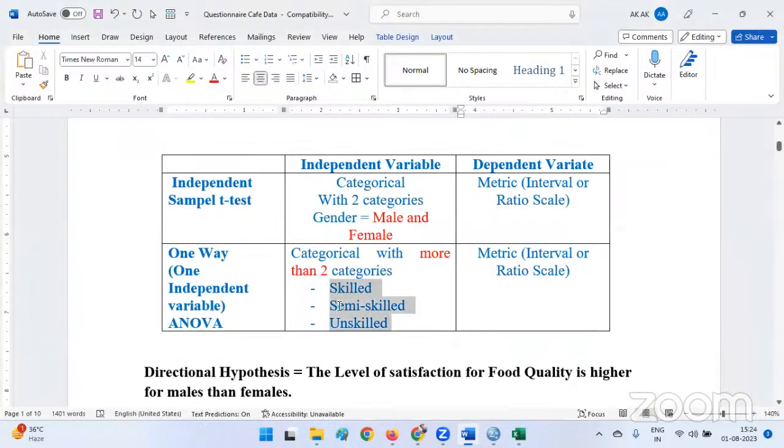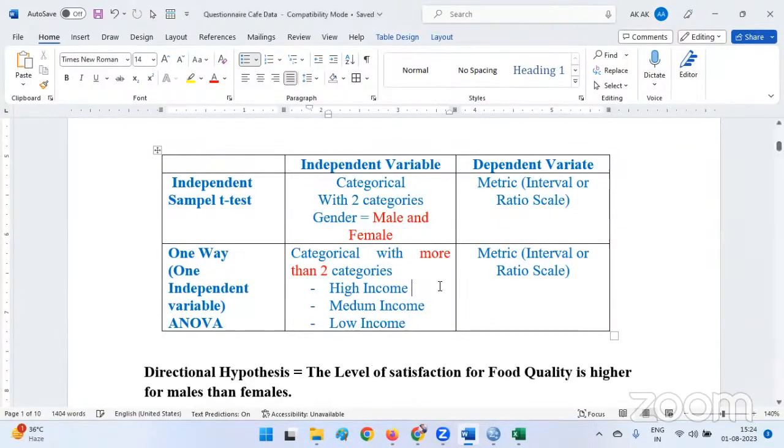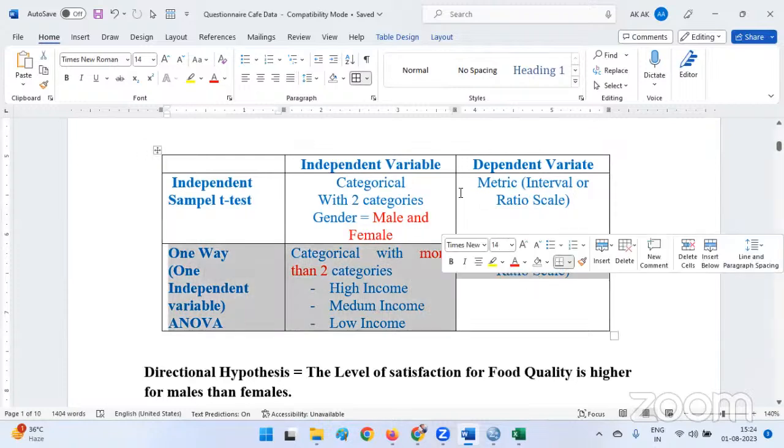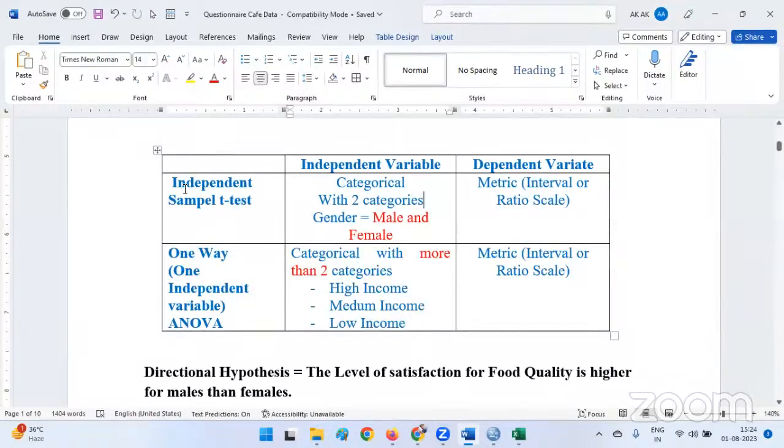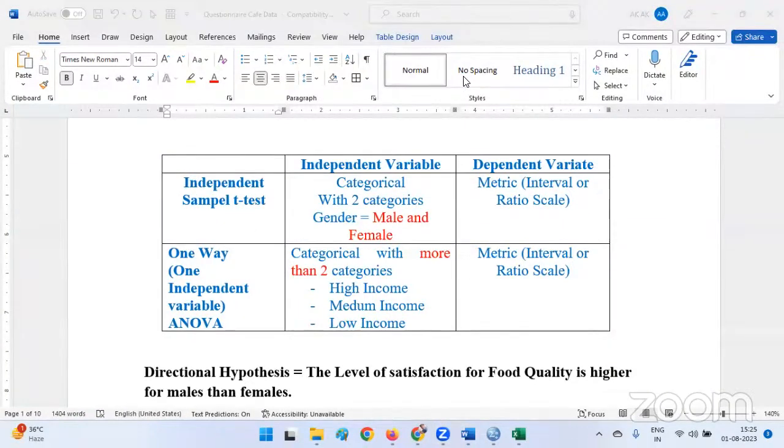So we can write here high income. This we will use in future. Medium and low income. Okay, fine. So this is our case of ANOVA. We will take it later, but now we are discussing about the independent sample test. Okay.